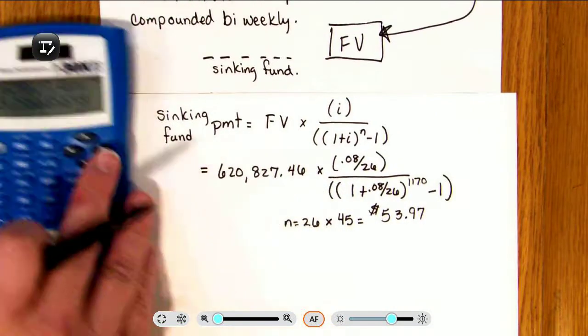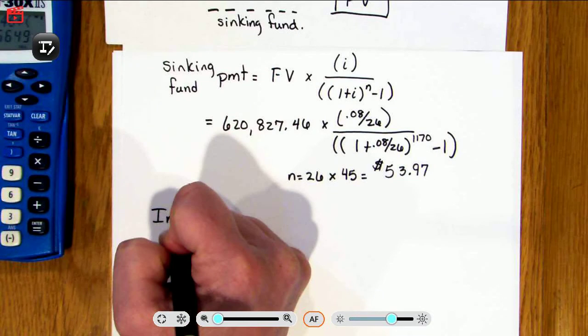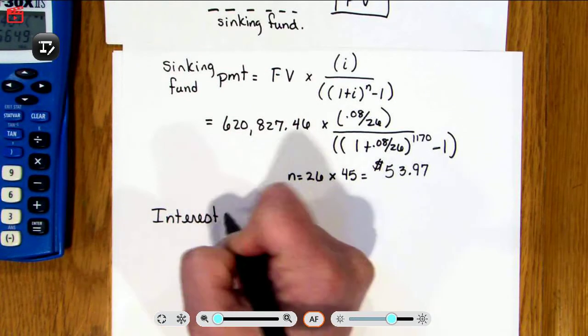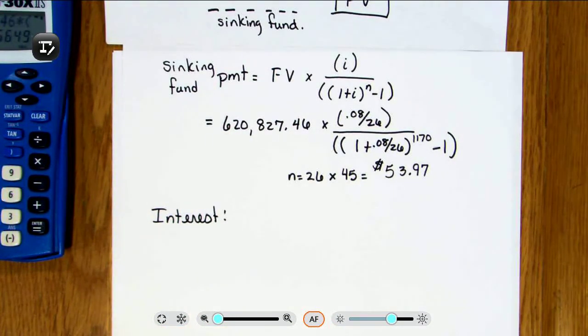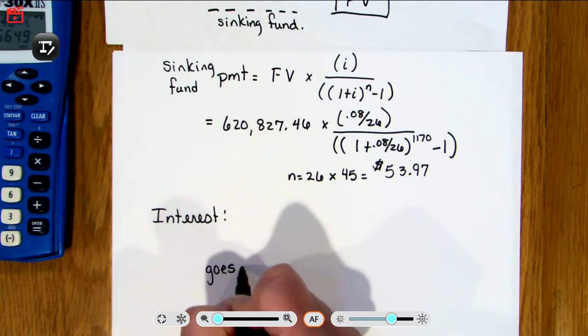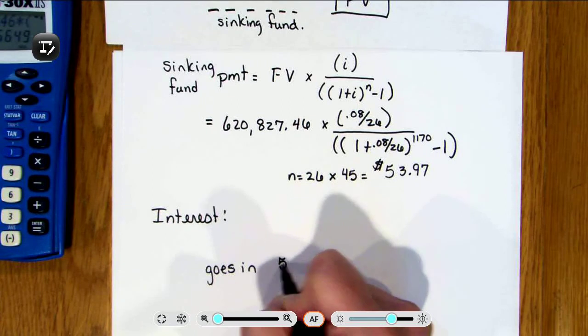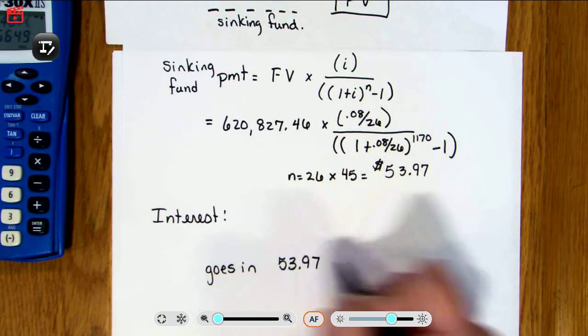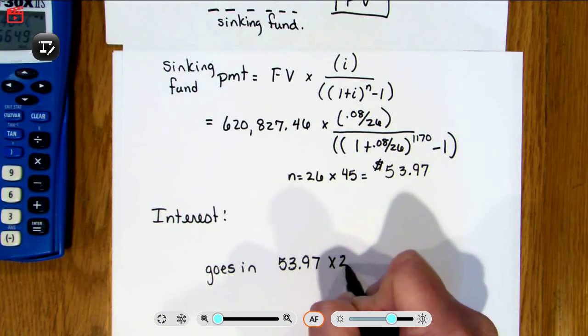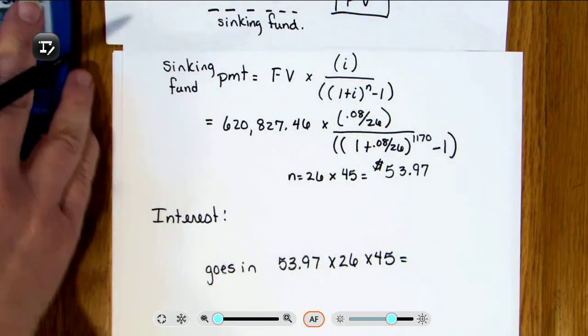Okay, let's calculate the interest for this so that we can kind of see the power of interest. Again, remembering the interest is the difference between what goes in and what comes out. So let's do the goes-in part. He is sending in $53.97 every 2 weeks for 45 years.